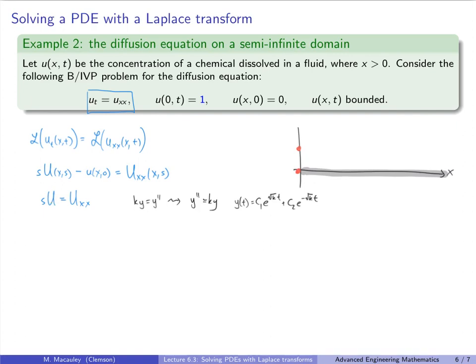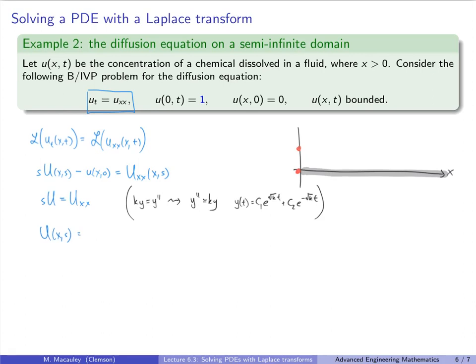So let me just put this in parentheses because it's not really part of the problem. The solution here is going to be u of x, and now I will write x and s, although s is just a constant, it goes along for the ride.